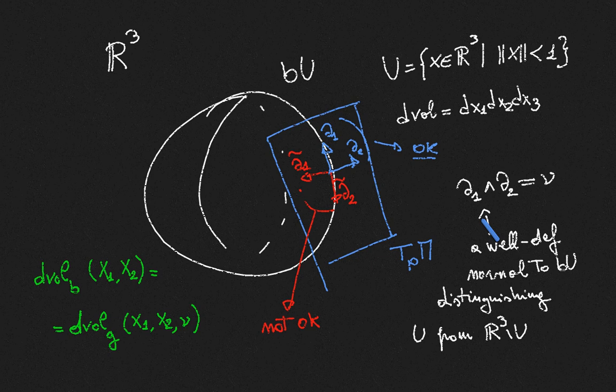So at each point, we will have our outward pointing normal, for example.